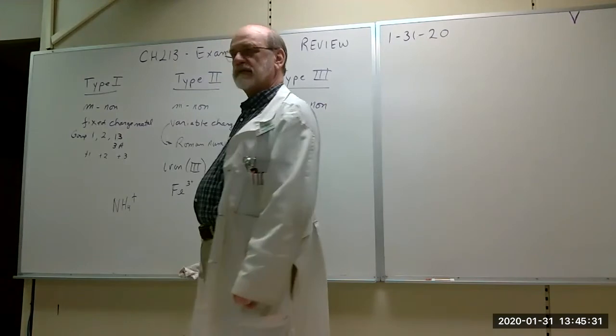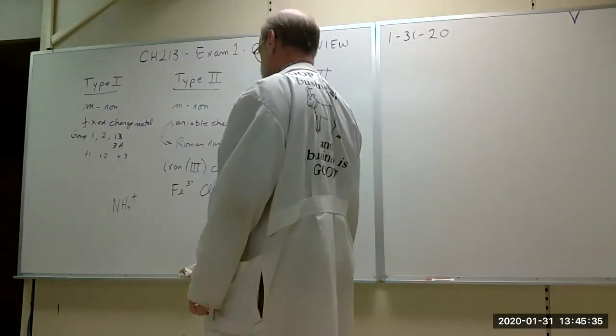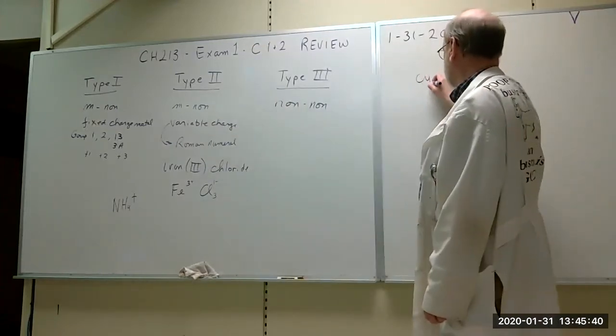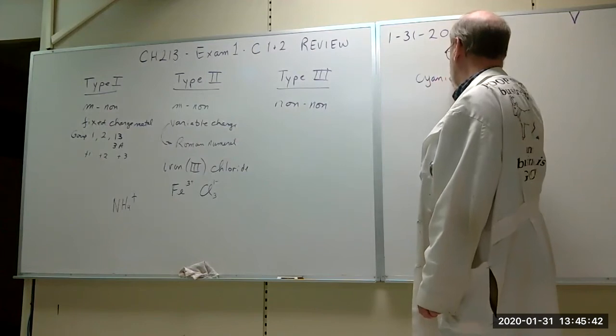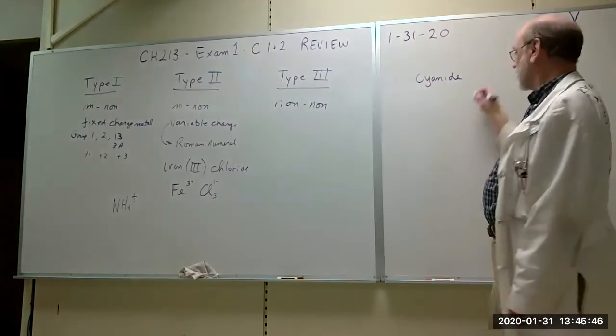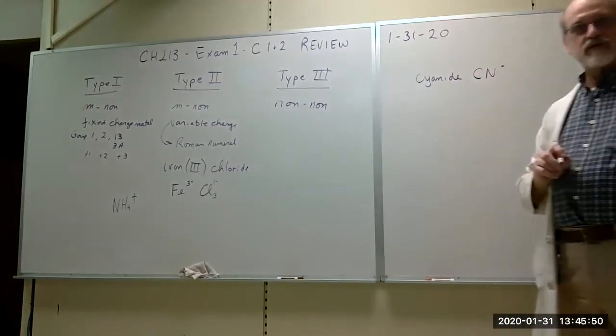For instance, let's see if we can think of a weird one. We haven't talked about cyanide. So the cyanide polyatomic is just CN and one negative charge.